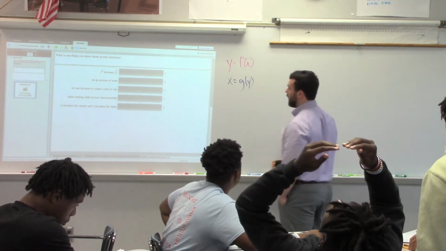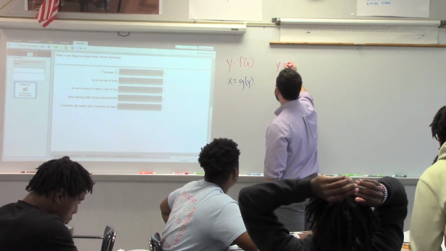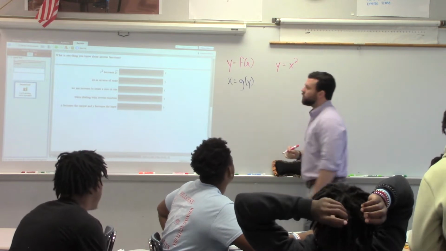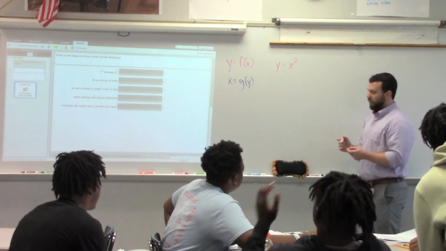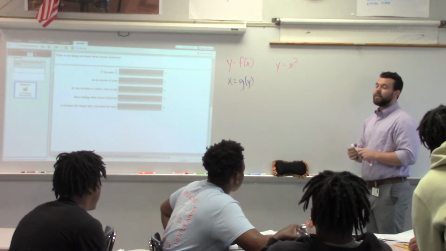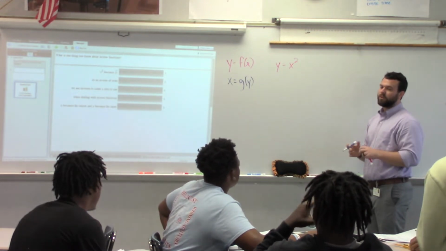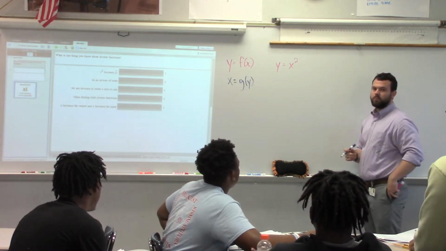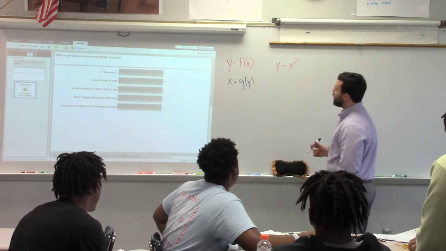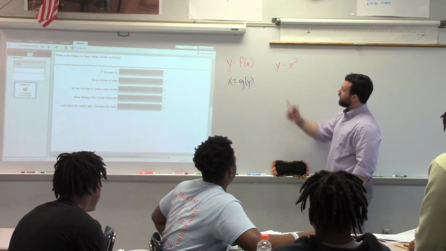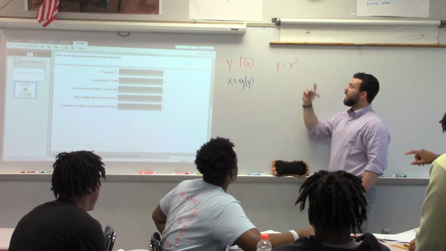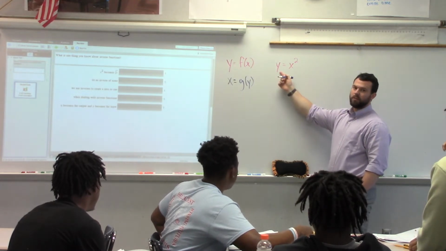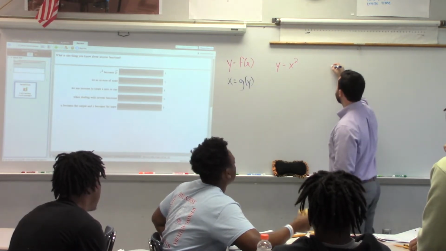If you have y equals x squared as a function, what's the inverse of that function? The inverse operation is a square root, but what's the inverse function? G equals? Well, I already have y equals. Remember, what is the output becomes the input. Square root of what?